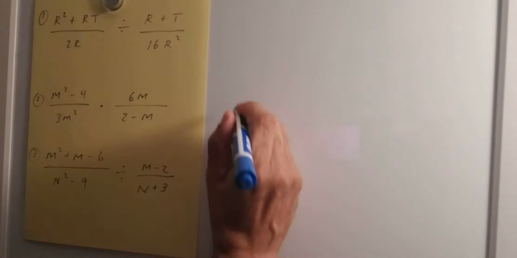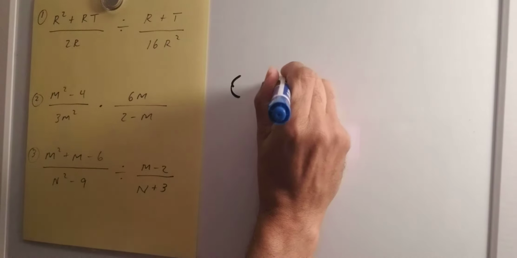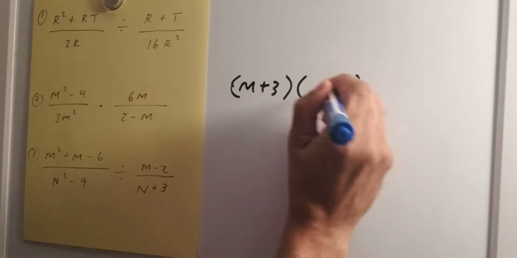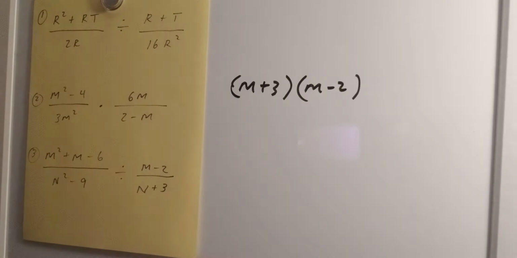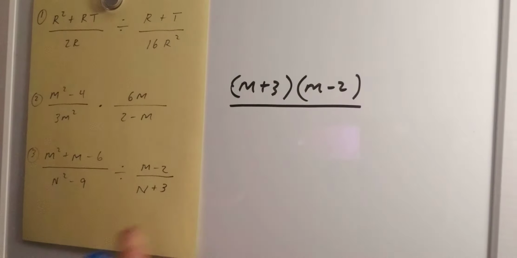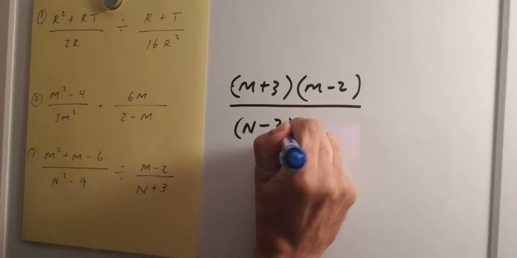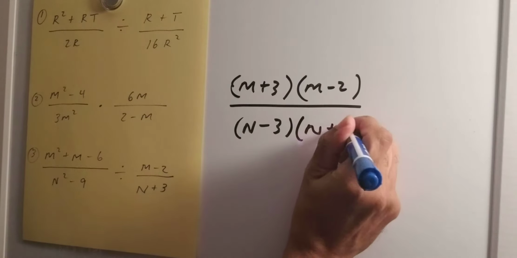Number 3. Division problem. Let's factor each expression. M squared plus m minus 6 will factor into two binomials. M plus 3 times m minus 2 divided by n squared minus 9, which is a difference of squares factoring into n minus 3 times n plus 3.